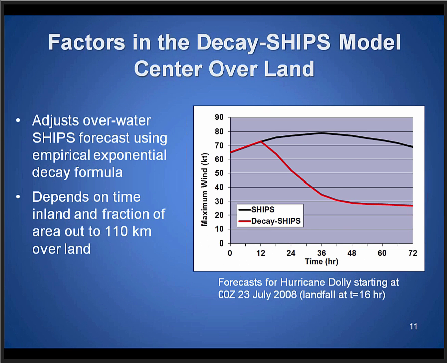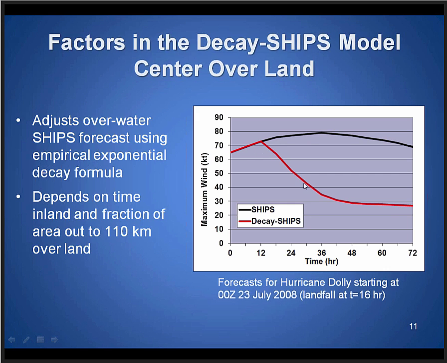So the decay over land, shown for a storm, for example, like this, Hurricane Dolly, over water was 65 knots. It was forecast by SHIPS to gradually intensify up to 80 knots at 36 hours and then gradually fade. But it was going to be going over land at about 12 hours.